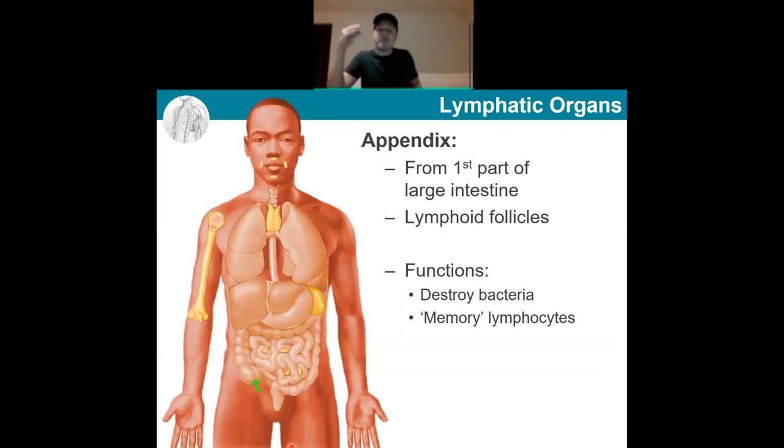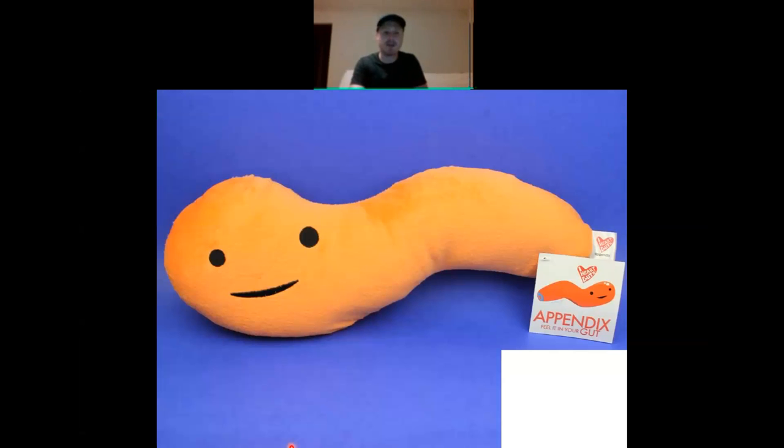So the appendix keeps shrinking in an evolutionary sense, and eventually I expect that it will disappear from humans, but we're not there yet. As long as we still have an appendix, we might have to deal with inflammations of it.